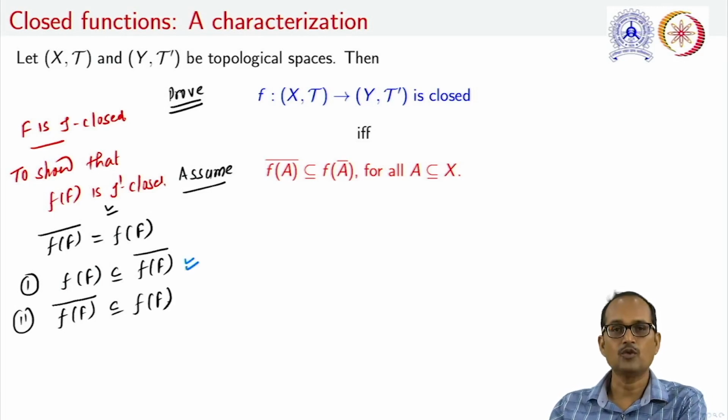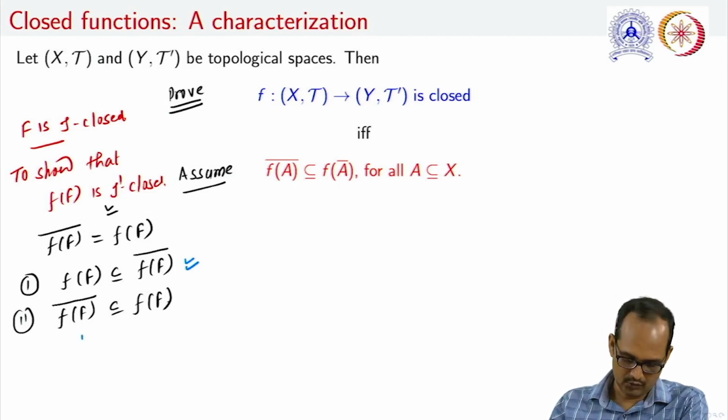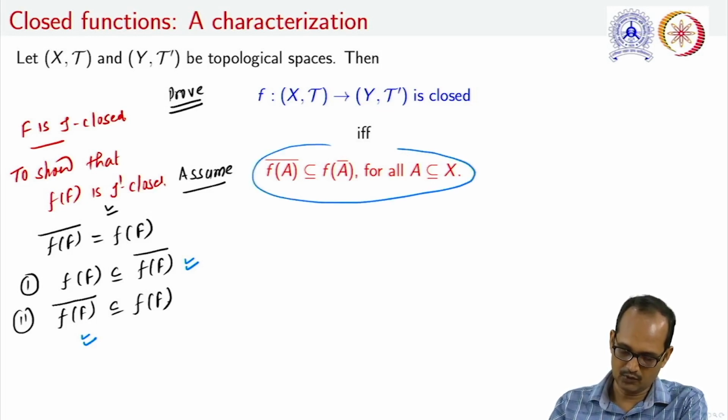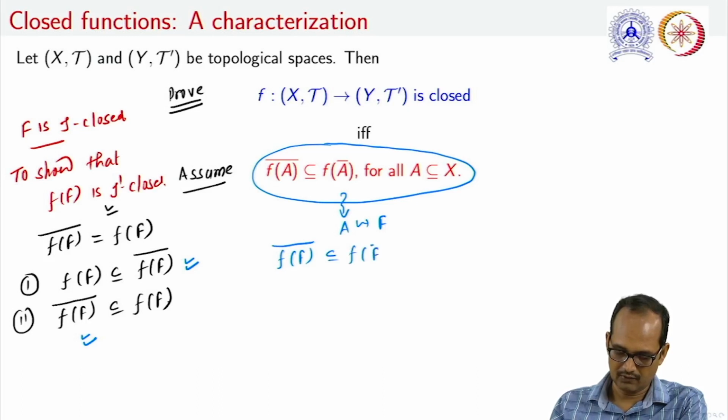The first always holds, as A is always a subset of A closure. In order to justify the second, let us use the assumption which we have with us. If we are replacing this A by F, then we can get closure of f(F) is a subset of f of F closure.